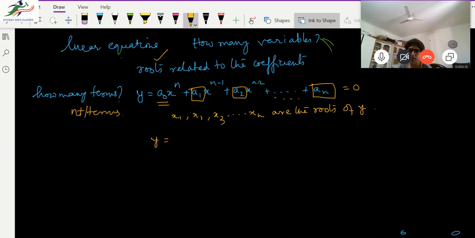Let me put this as a1, a2, a3 up to an are the roots of the equation y, right? So how can I write y in terms of the roots?